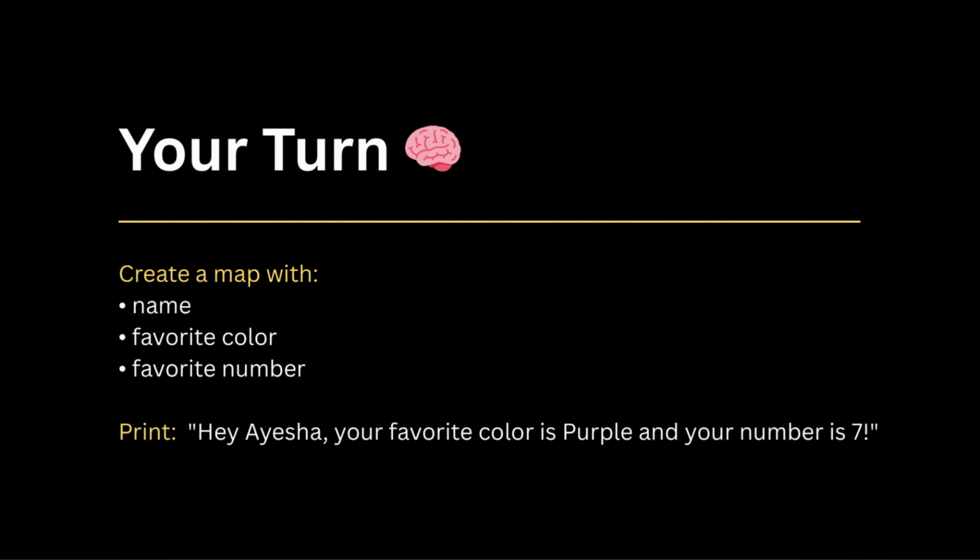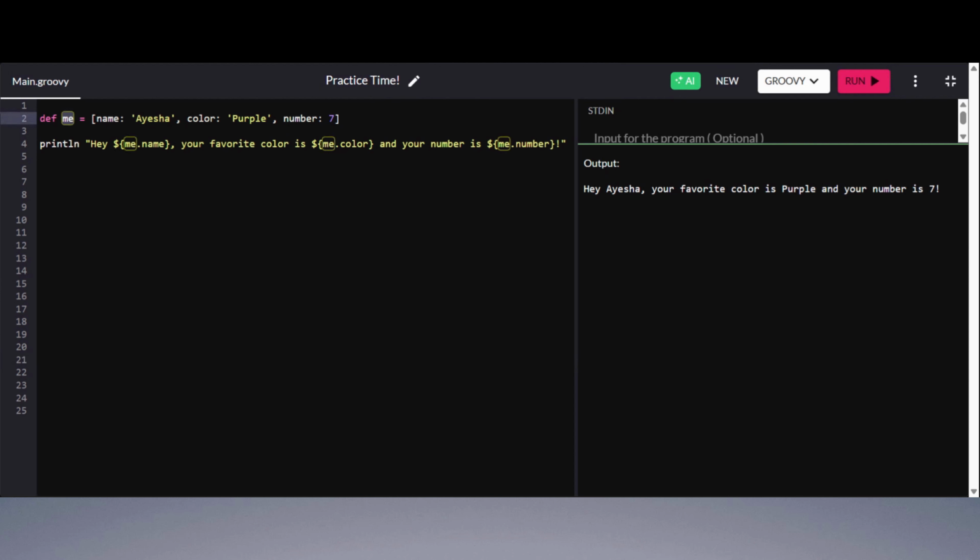Pause this video and try this challenge on the online compiler. Create a map with your name, favorite color, and favorite number, and print a personalized sentence: Hey, Ayesha, your favorite color is purple and your favorite number is 7. I made a map called me with three keys: name, color, and number.